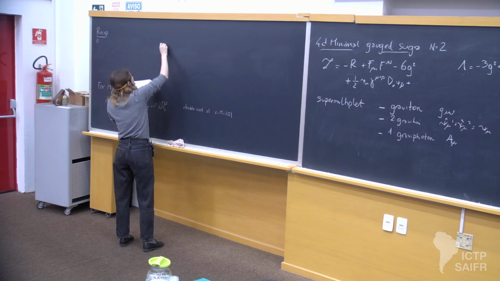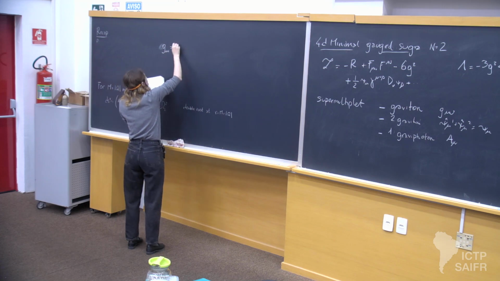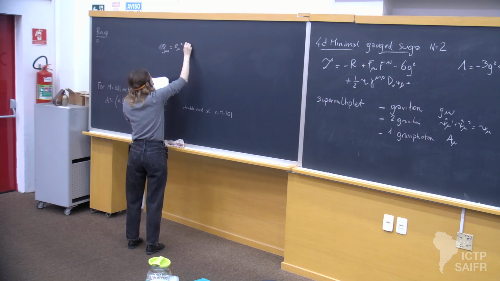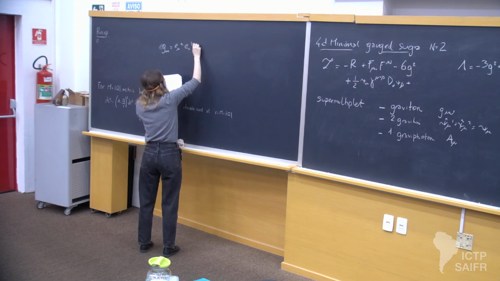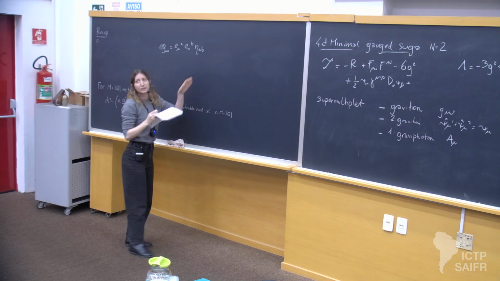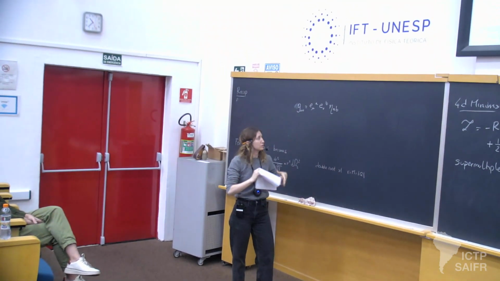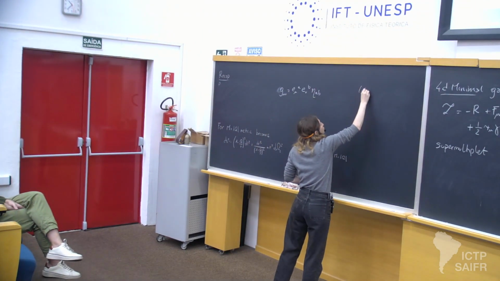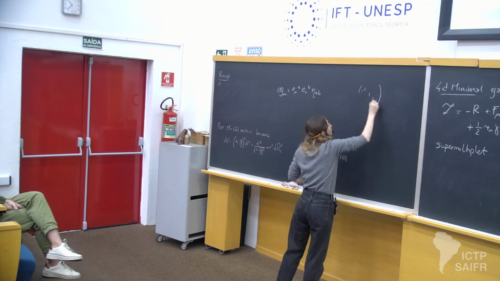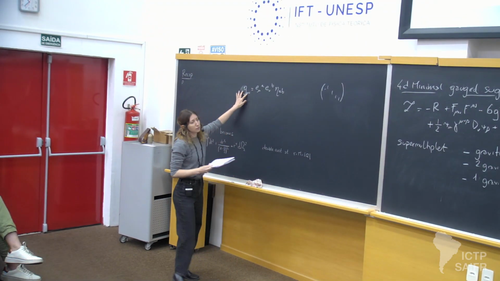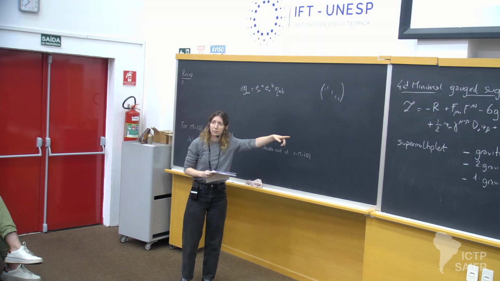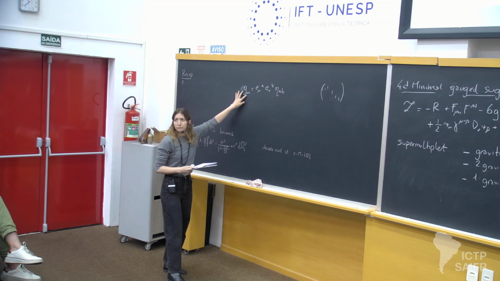The metric g mu nu is equal to e mu A, e nu B, eta AB, where eta AB is the Minkowski metric, which is -1, 1, 1, 1. And then the metric, the graviton field that I'm going to write down, is this one.